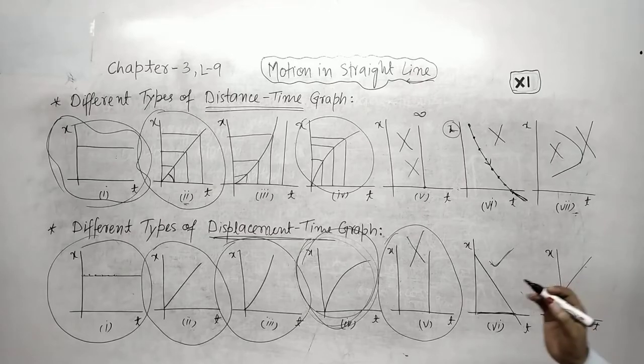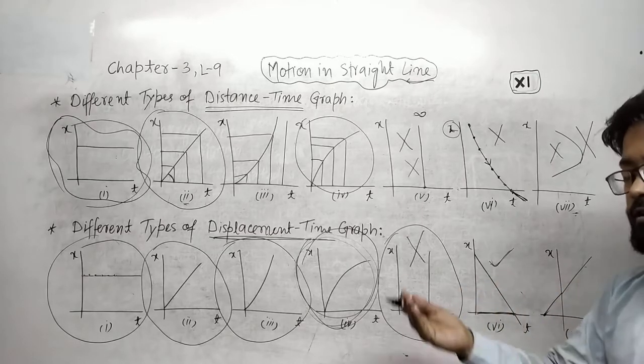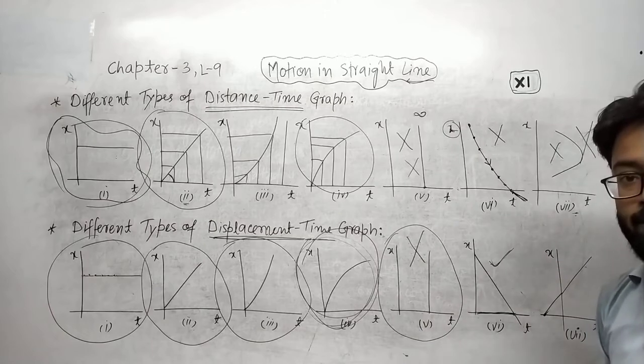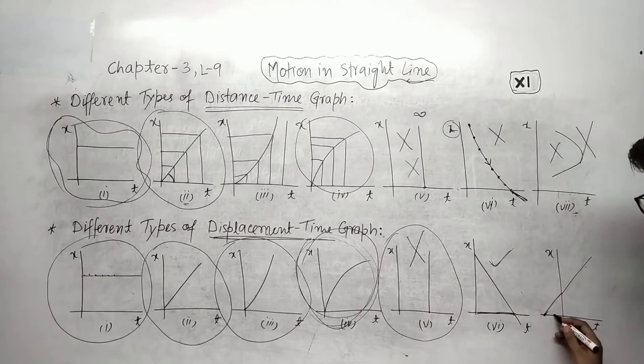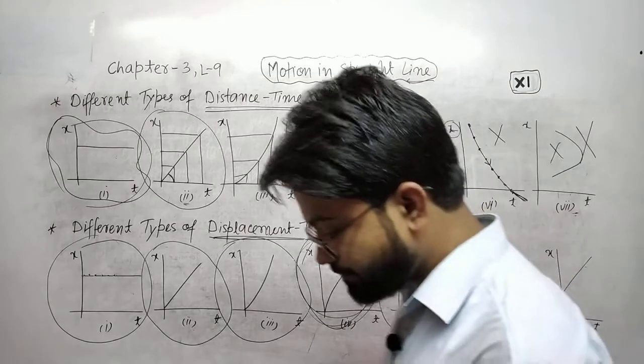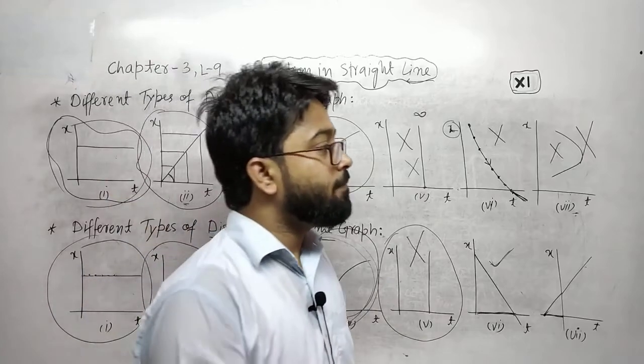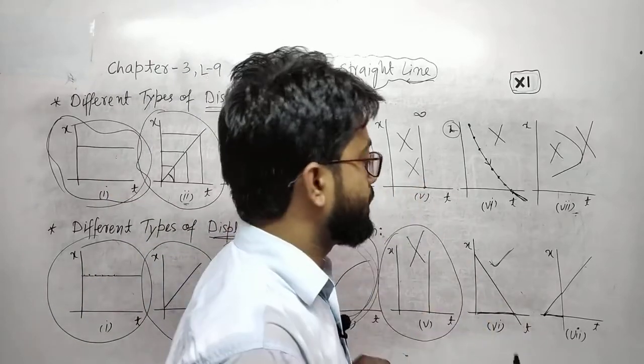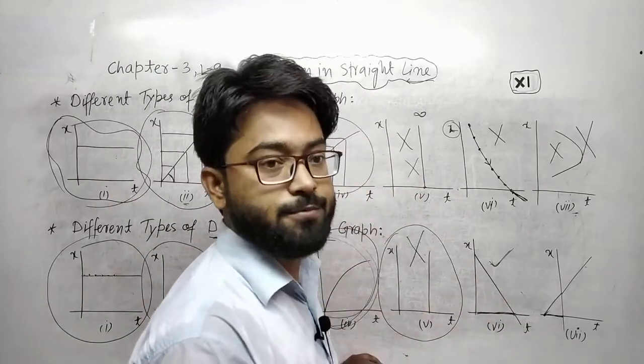Okay. Here, if you have taken minus time, that means before 5 seconds, this is negative time, but it is possible. Why? We may have time before 5 seconds.